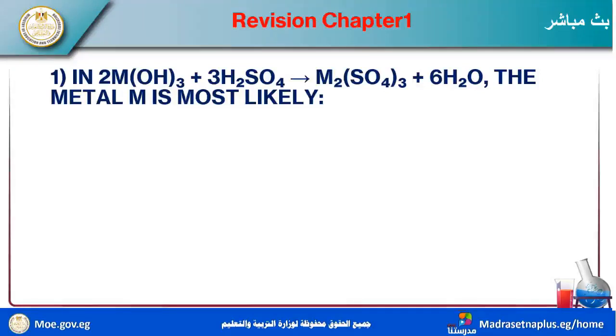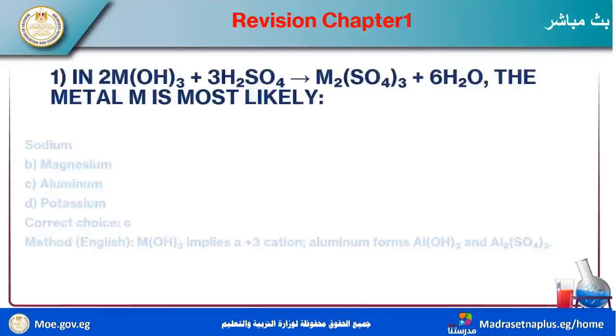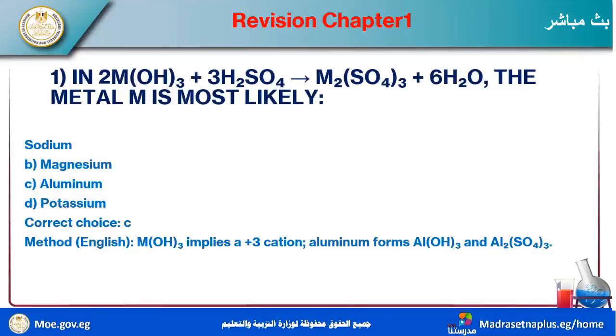The metal M is most likely what? Sodium, magnesium, aluminum or potassium? We have many examples and many probabilities about these elements. The true answer is aluminum, magnesium, sodium, or potassium.